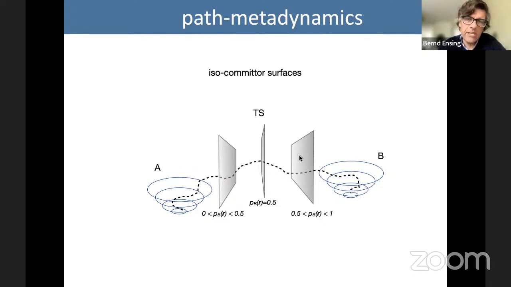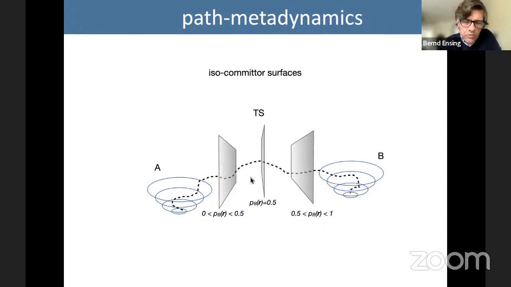So we can divide the space up into all configurations that fall in one of these hyperplanes, the so-called isocommittor surfaces, that have the same probability, if you're in that plane, to fall into B if you would launch a lot of trajectories from that.